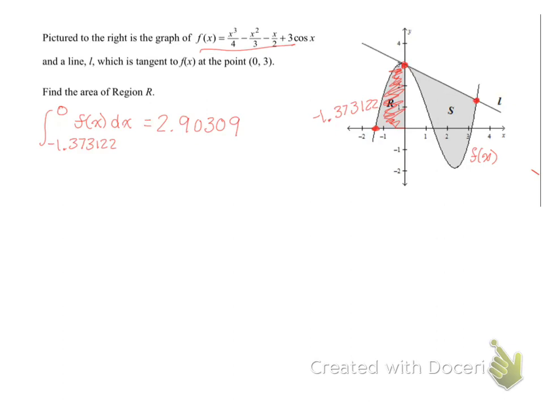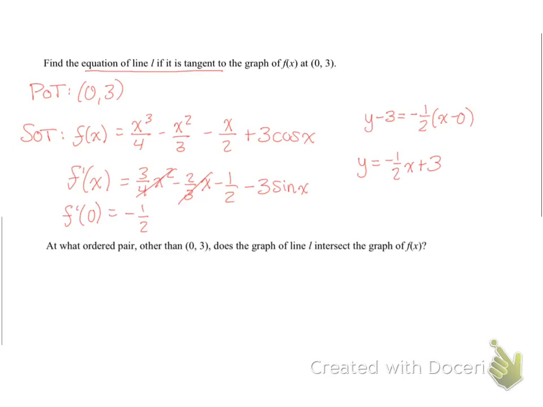Okay. So if you have a calculator, you can plug in both of those equations into your graph and use the intersection function. Okay. If you have no idea what I'm talking about, ask me during class. Okay.